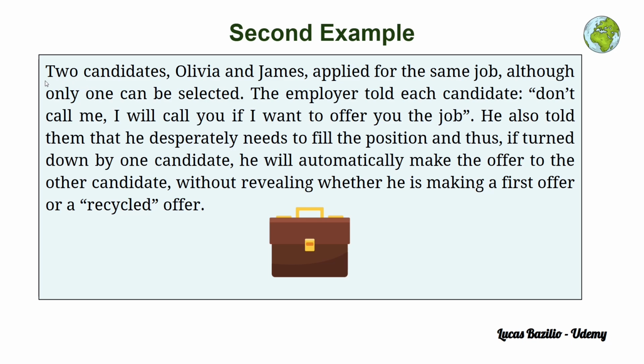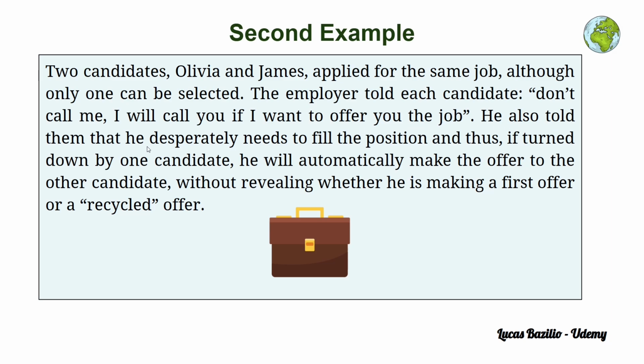It states two candidates, Olivia and James, applied for the same job, although only one can be selected. The employer told each candidate, "Don't call me, I will call you if I want to offer you the job."